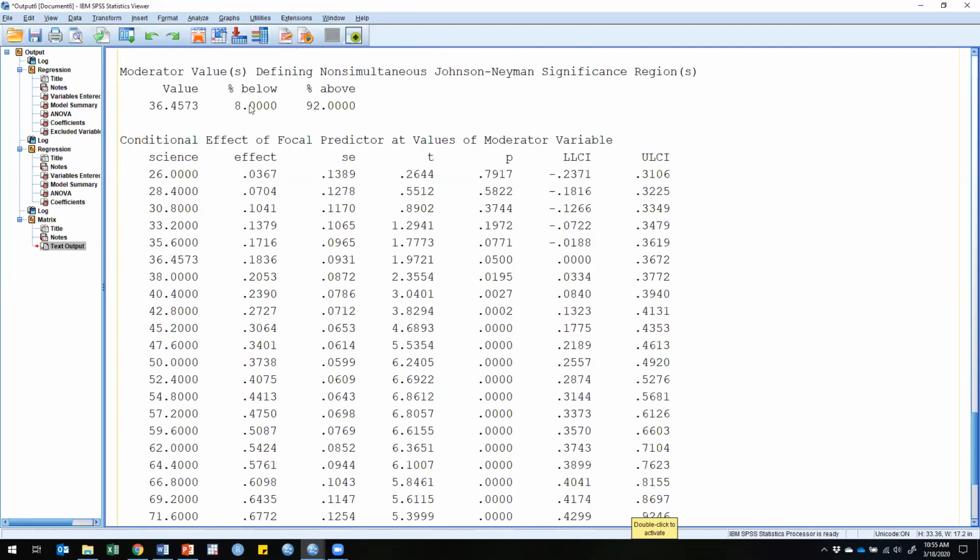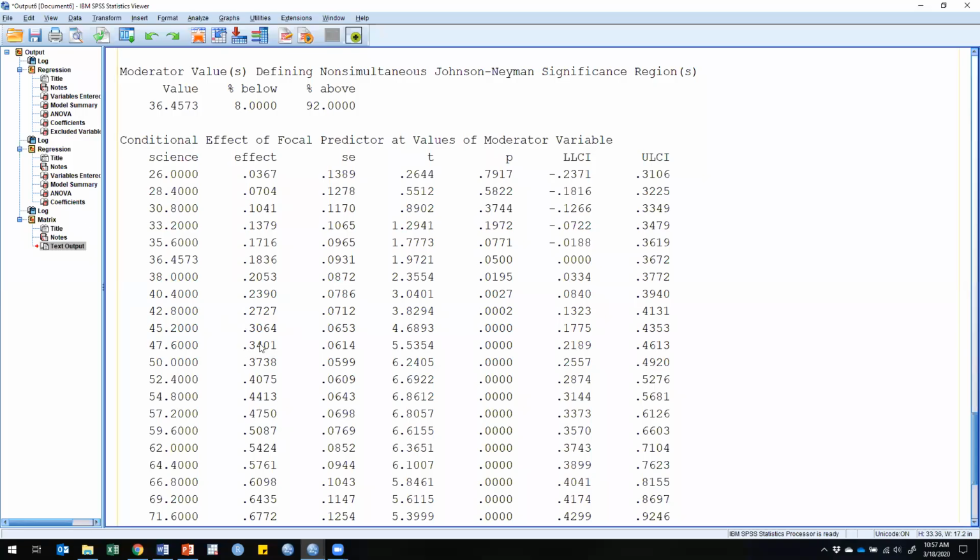So we would say, for values of science greater than 36.5, the impact of writing on math achievement is statistically significant. And you can see that this is the effect of that variable.